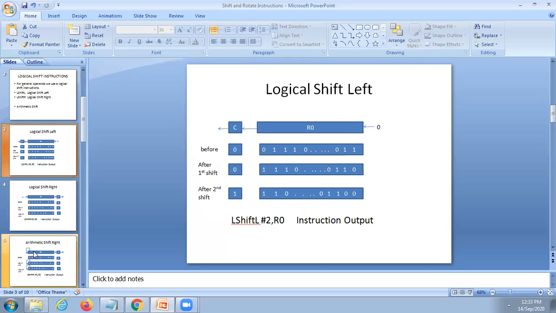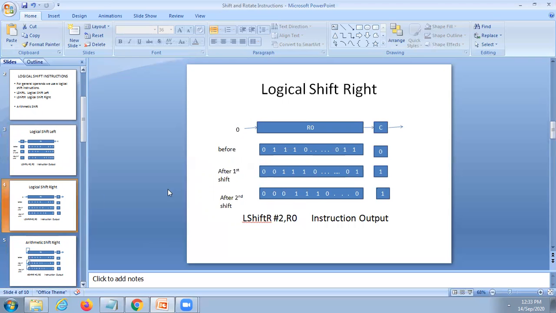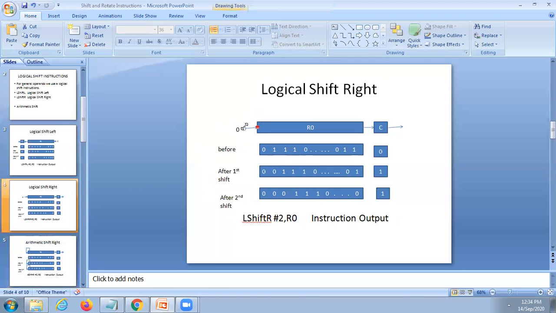Whereas in arithmetic shift right, the MSB is used to fill the vacant bit positions. The most significant bits are filled into the vacant bit positions. Here this is zeros. That is the difference between the logical shift and arithmetic shift.